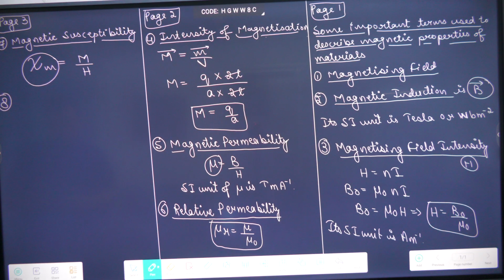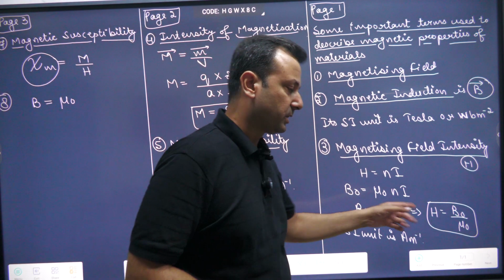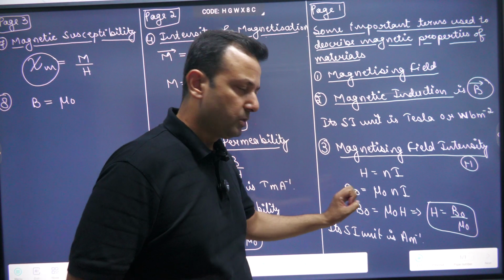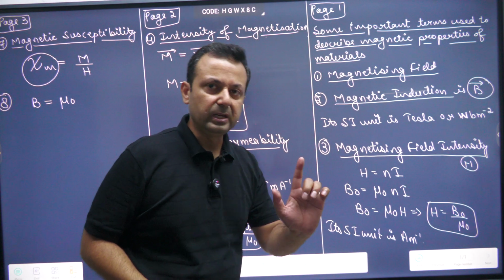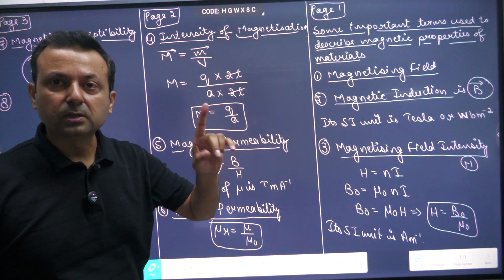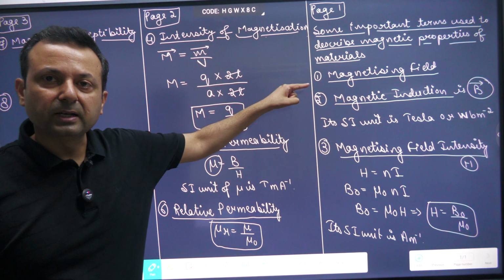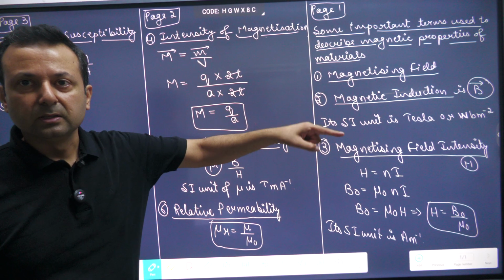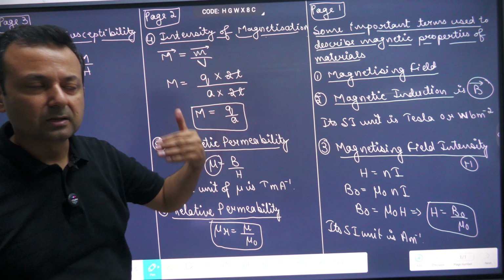If a linear magnetic material subjected to the action of a magnetizing field intensity H develops magnetization M and magnetic induction B, then we know that B naught is equal to mu naught into H. B means magnetic induction, which is the sum of both the external magnetizing field plus the magnetization which is developed in the body.